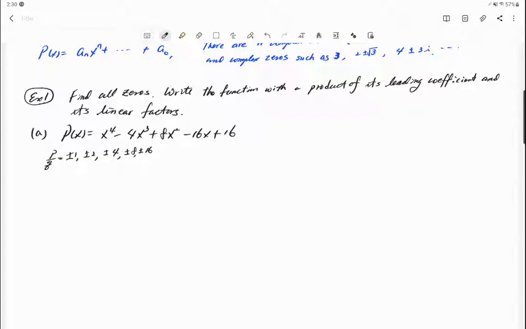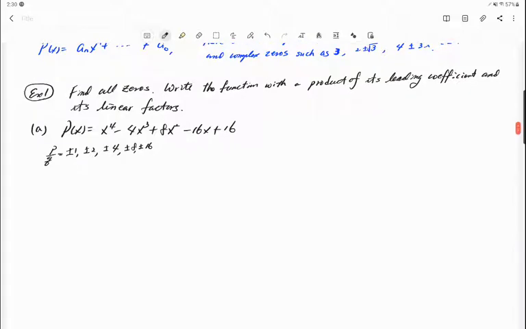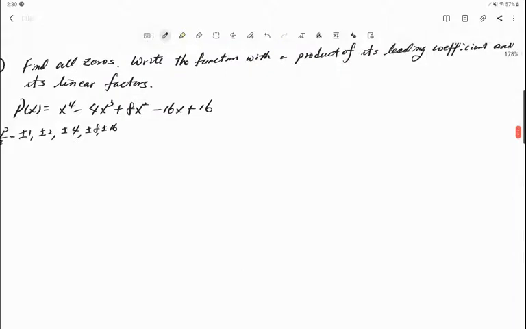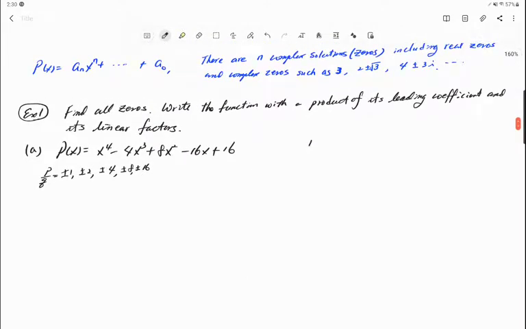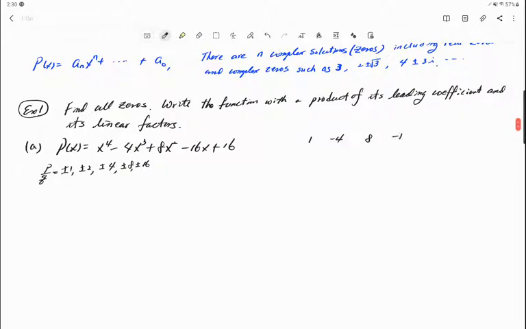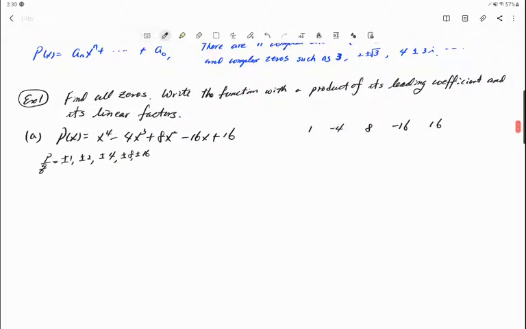If there's a real solution, we can start from 1, right? From this, let's write the coefficients and use synthetic division to find whether the remainder is 0. When the remainder is 0, then the x value is a real zero.